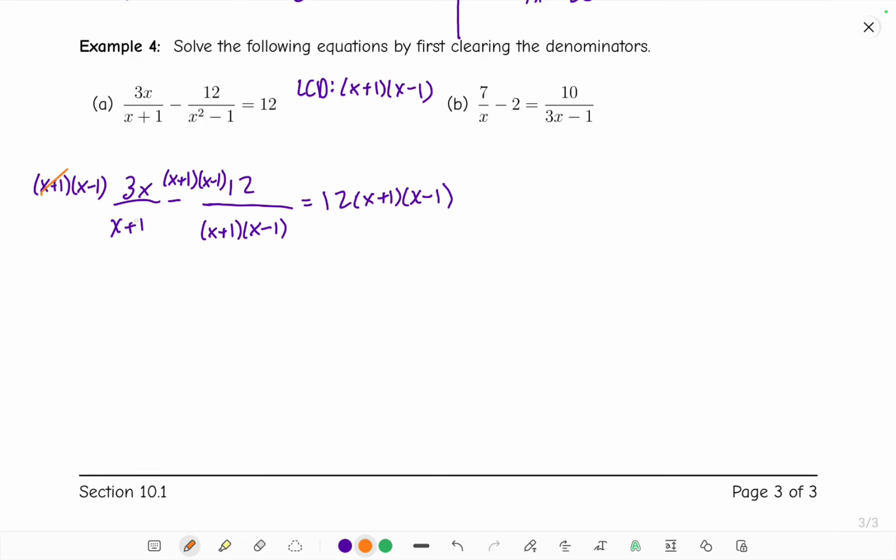So the x plus 1 cancels out. We get 3x squared minus 3x. The x plus 1 and the x minus 1 cancel out, so we get negative 12. Then we get 12 times x squared minus 1 after we multiply the x plus 1 by x minus 1 again. Distribute that 12.